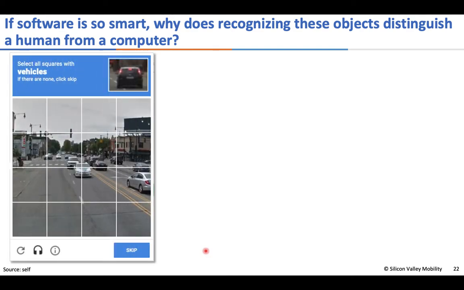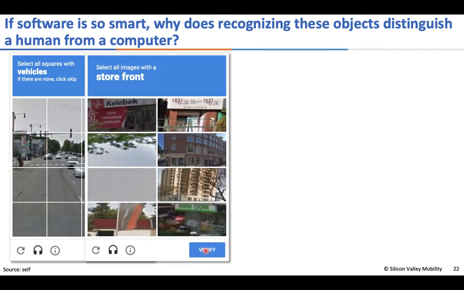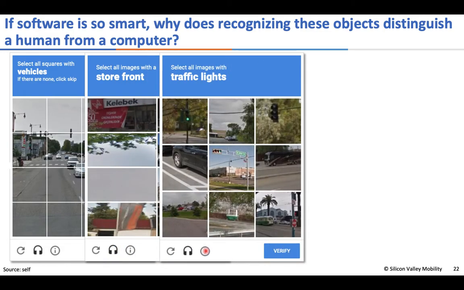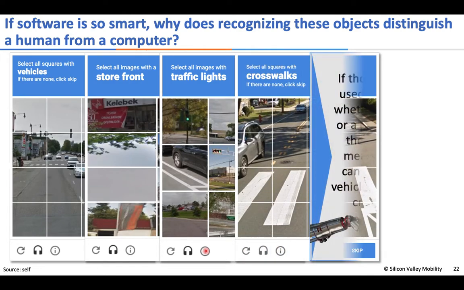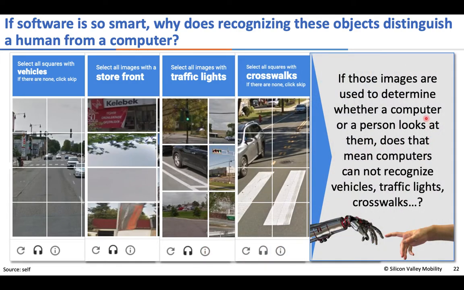So that gets me to this. You're all familiar with these reCAPTCHAs. And if I look at those, I'm like, well, these are all things that I find in traffic. If these images are used to determine whether a computer or a human looks at them, does that mean that computers are not good at recognizing vehicles, traffic lights, and crosswalks?